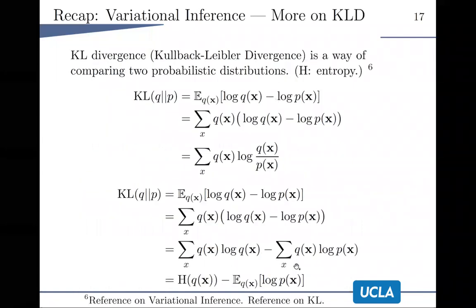Something more on the KL divergence: knowing a bit more about it will help us feel better using it. First of all, it's good to have the intuition that the KL divergence of Q on P is not the same as P on Q. It's asymmetric, and this property is useful later on.